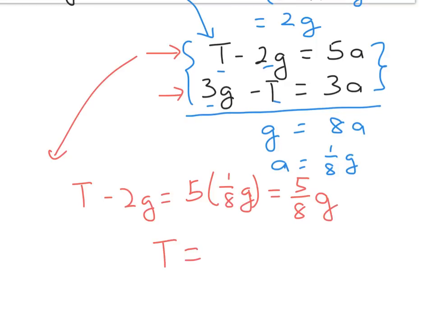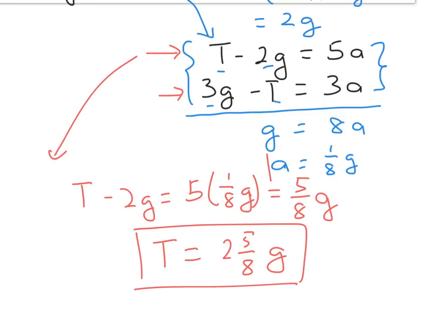So that means t, you just bring the minus 2g to the right-hand side, it becomes plus 2g, and you get 2 and 5/8 g. So that's your tension, and this is your acceleration.